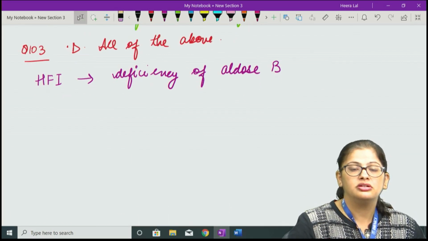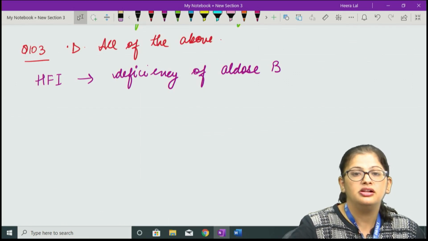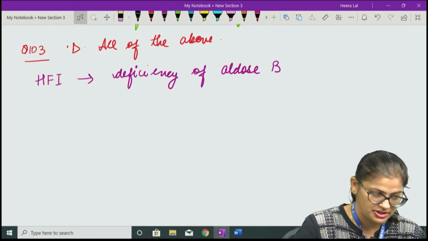Usually the patients with this condition are normally healthy unless and until they ingest large amounts of fructose, which is present in fruits and fruit juices.